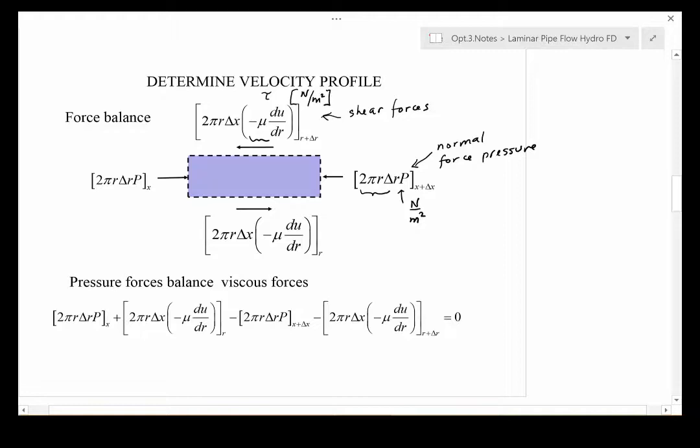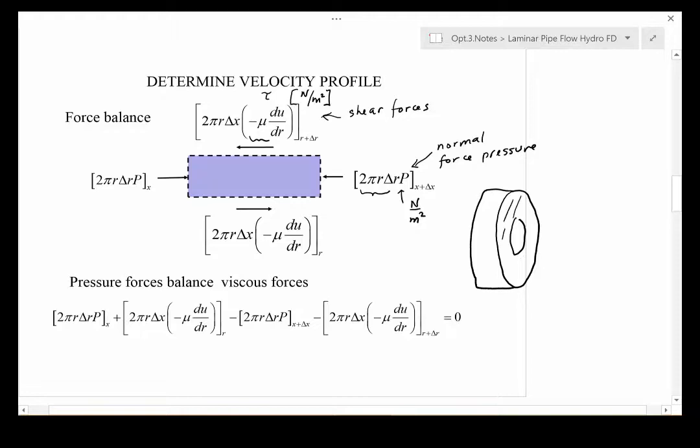So in both cases, there has to be some appropriate area that we're acting on. To be clear, this 2 pi r delta r, remember what we said, we're really focusing on this geometry shown here.